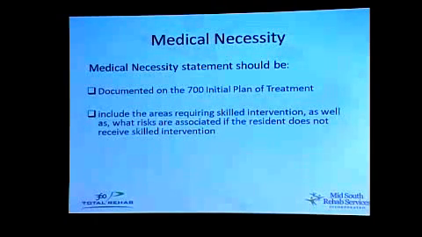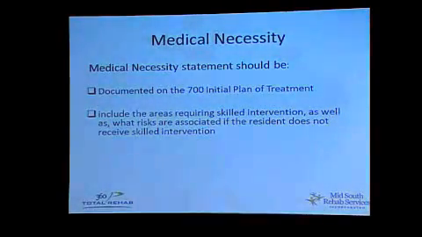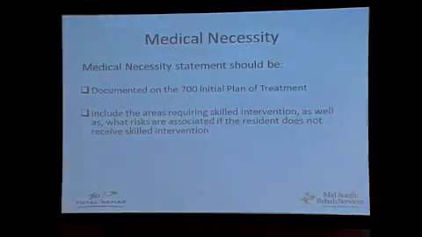You need to tell Medicare, if the patient does not receive physical therapy services, the resident is at risk for skin integrity issues, contracture problems. Speech therapy: if the patient does not receive skilled speech therapy services, the patient is at risk for malnutrition, dehydration, and possible aspiration. Those are medical necessity statements.